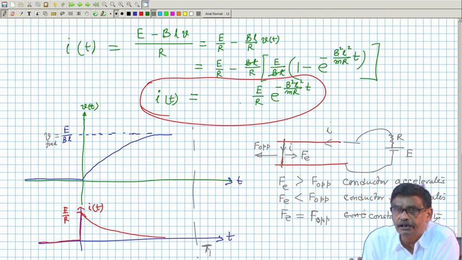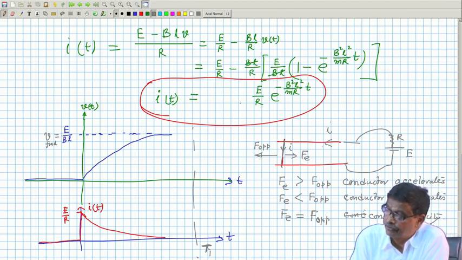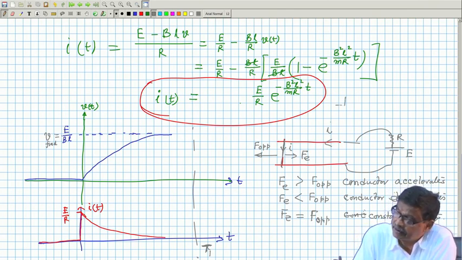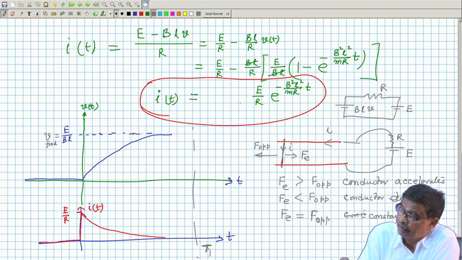But the moment the conductor decelerates, this E will be greater than the BLV. Remember, the equivalent circuit is this. This is BLV, this is your R, and this is the supply battery voltage, which is constant. Initially when it had reached final velocity, current was 0.